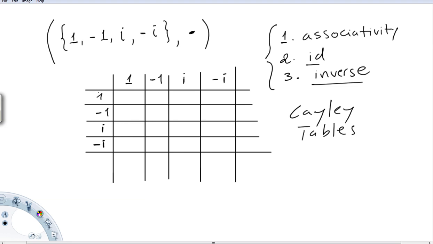It's pretty obvious that 1 is the identity. The identity times each element gives you the same element, right? So this is multiplication: 1 times 1 is 1, 1 times minus 1 is minus 1, then i, and minus i.